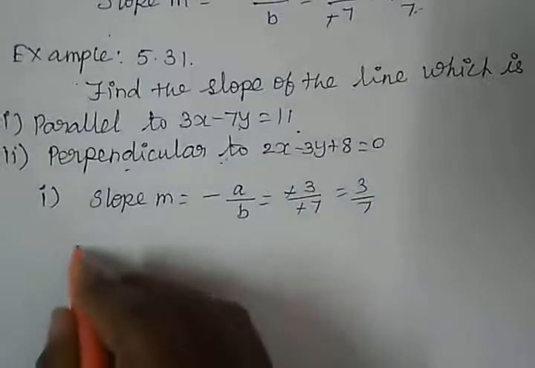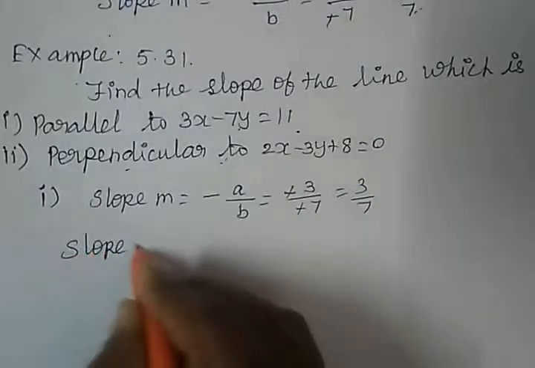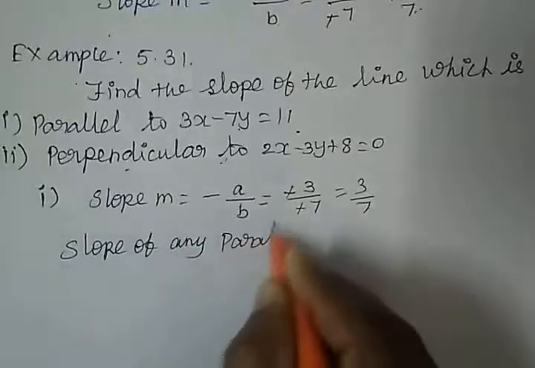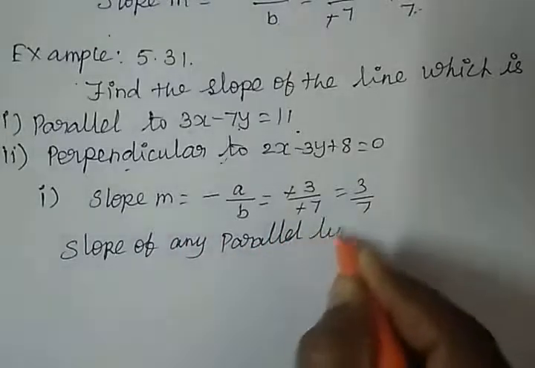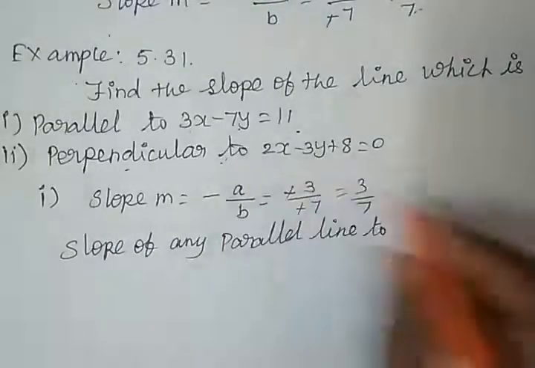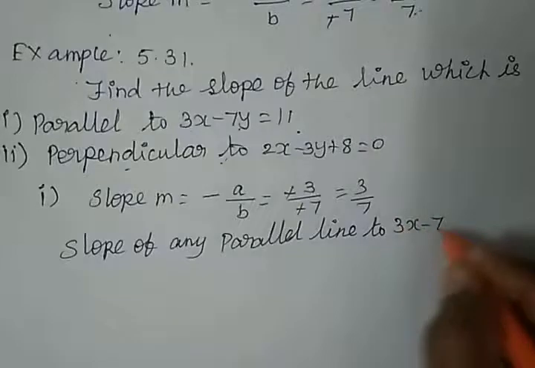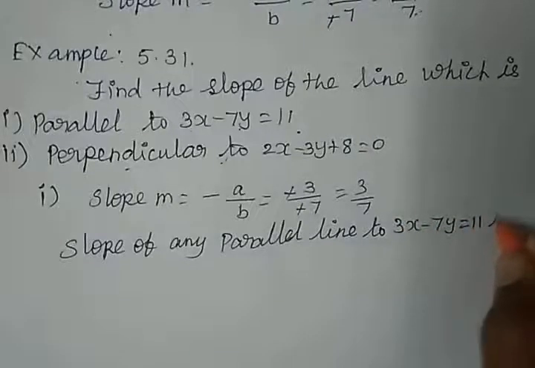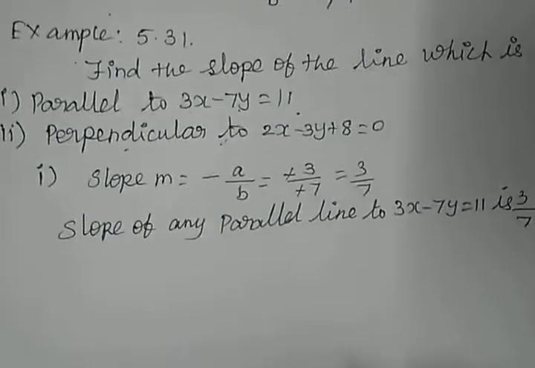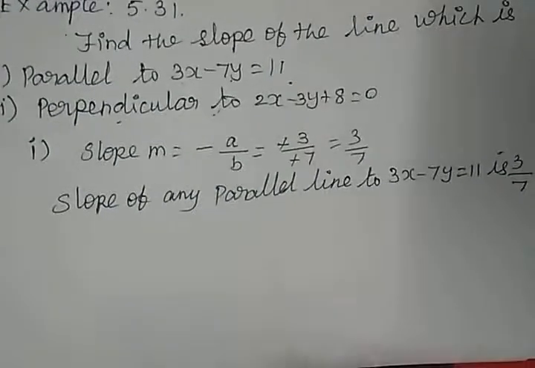So the slope of any line parallel to the line 3x - 7y = 11 is 3 by 7.